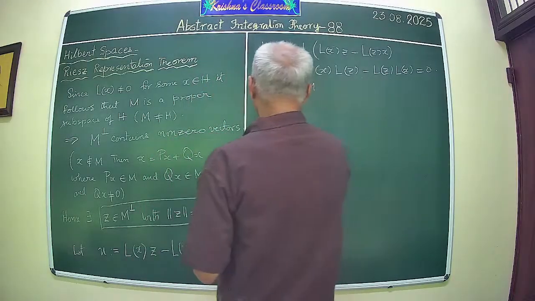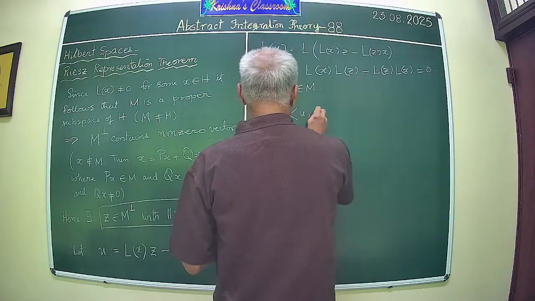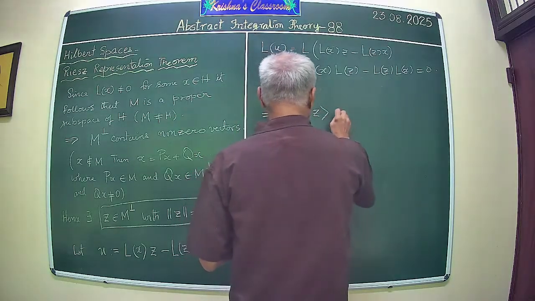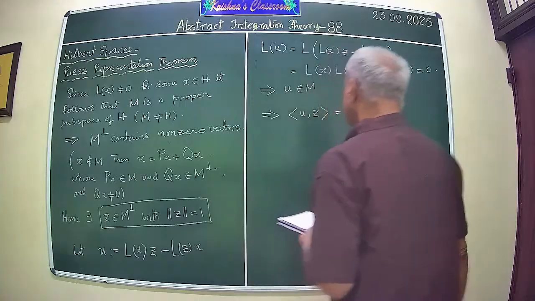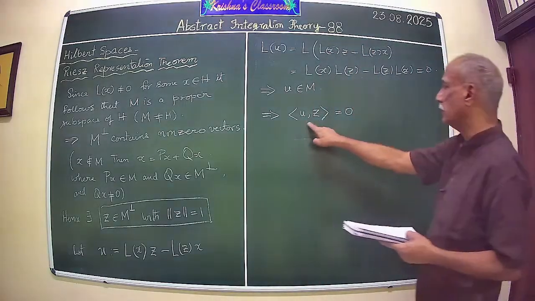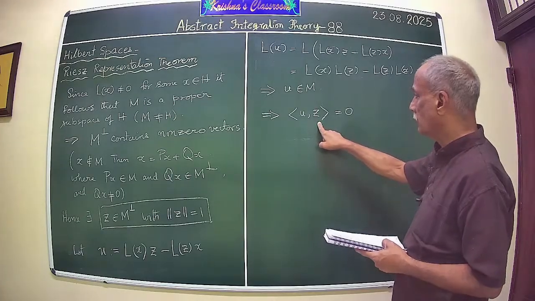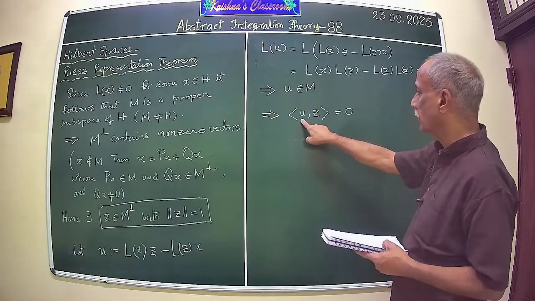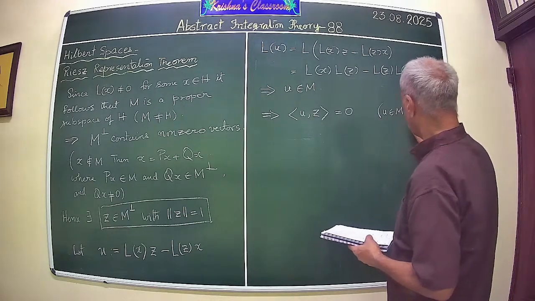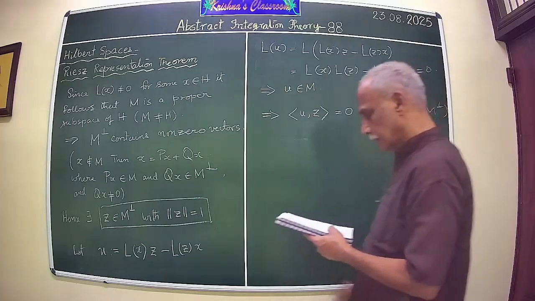Now that implies the inner product of u with z is equal to 0. That means the inner product of u and z is equal to 0. That's the reason for that.